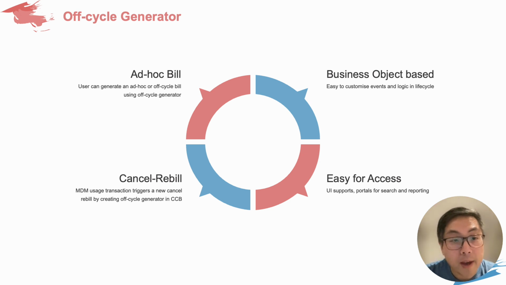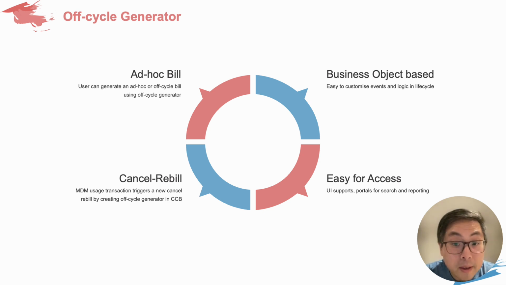If we have an estimate read and actual reads coming in a bit later, and the bill has already been generated and sent to the customer, it can trigger a cancel rebuild when the actual read is finalized.